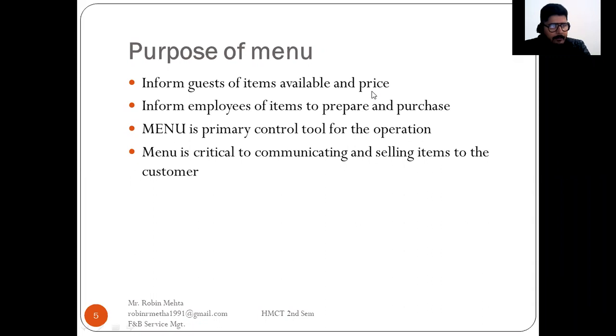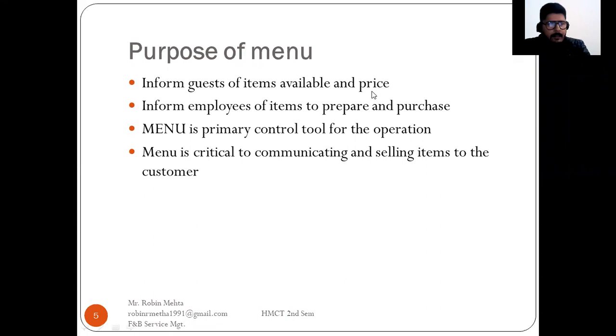So the second purpose of the menu is to inform about the dishes we are preparing. First of all, we have to purchase the raw material required to prepare that dish. For that, again we have to inform our employees that these are the dishes we are preparing for the guest, and for the same we have to purchase the raw material from the market.